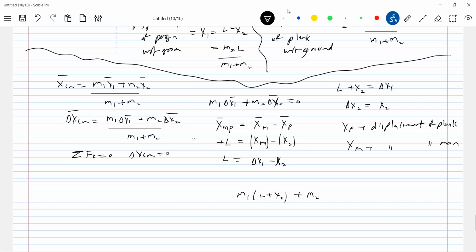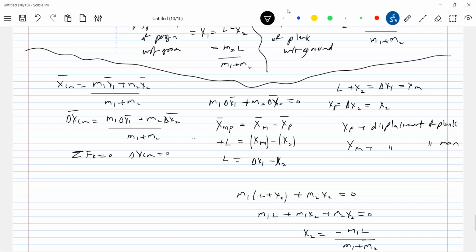Displacement of plank, we don't know that one. Look at the symbols. So m1L plus m1x2 plus m2x2 equals 0. So x2 is equal to minus m1L by m1 plus m2.